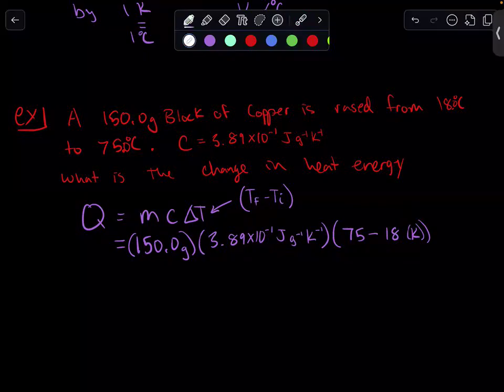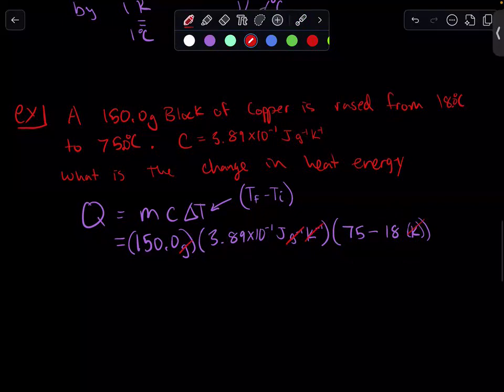So I plug this all into my calculator, but before I do that, I'm going to make sure my units work. Grams inverse cancels with grams. Kelvin inverse cancels with Kelvin. I'm left with joules. That is what my Q should be in. So as I get to my answer, I get 3,300 joules.